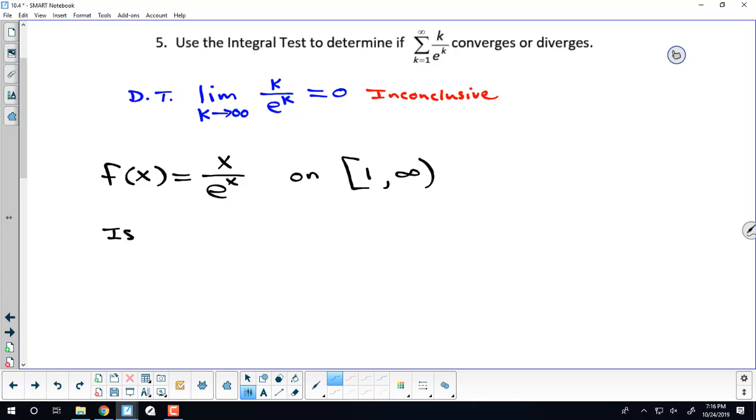those three things. Is f of x positive? So that's pretty straightforward, right? I'm plugging in 1, 2, 3, 4, 5, 6, and all the numbers in between. e to the x, always positive. x, not always positive, but on the interval from 1 to infinity, certainly x is always positive.